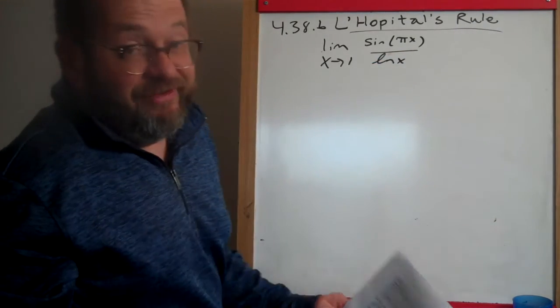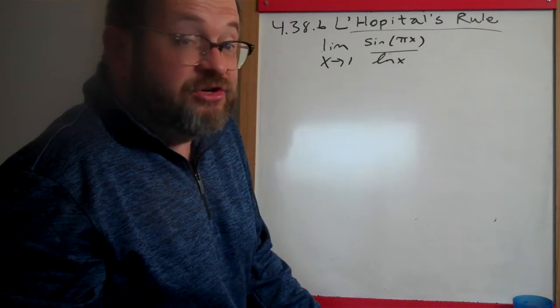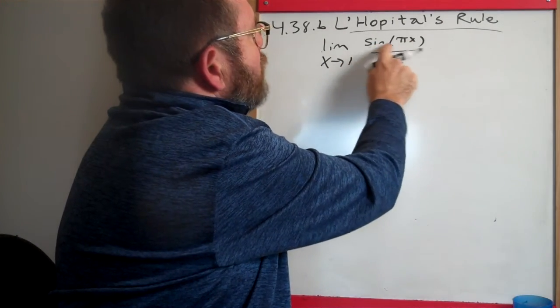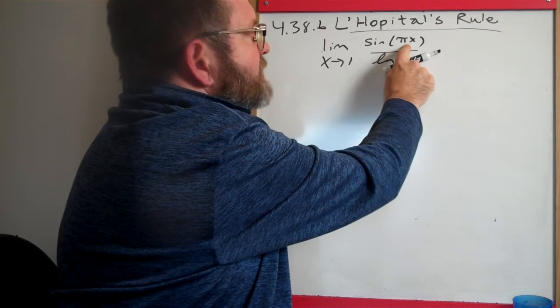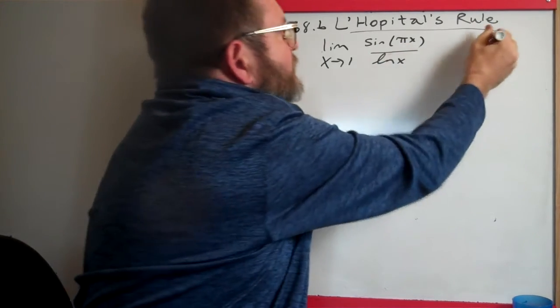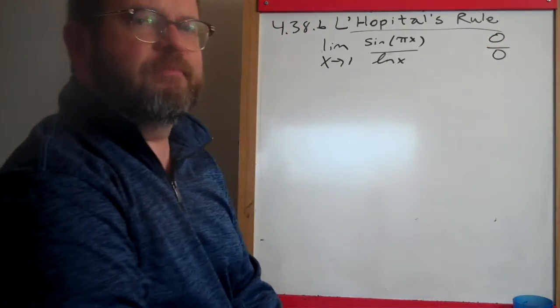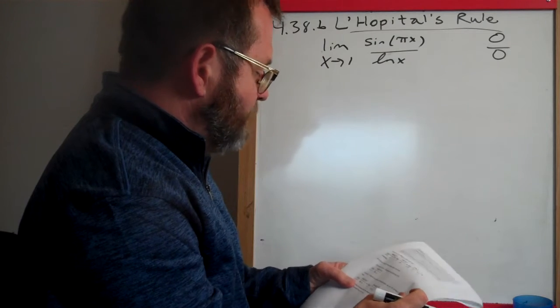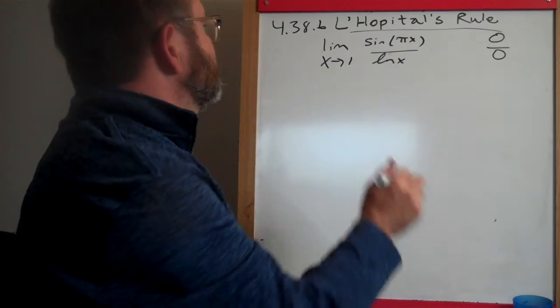Well, first off, if you didn't know what else to try, try direct substitution. Let's put 1 in here. Sine of pi times 1, sine of pi, is 0. Natural log of 1 is 0. That's a 0 over 0 indeterminate form. Well, that smells like L'Hopital. So L'Hopital's rule is going to be the trick here.